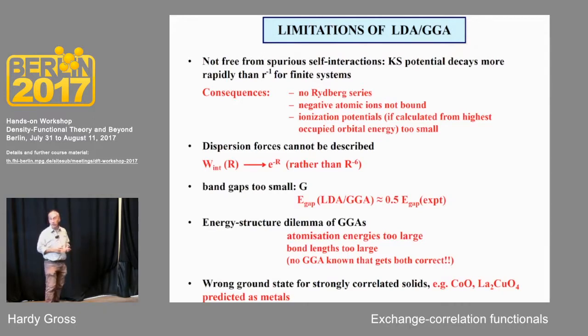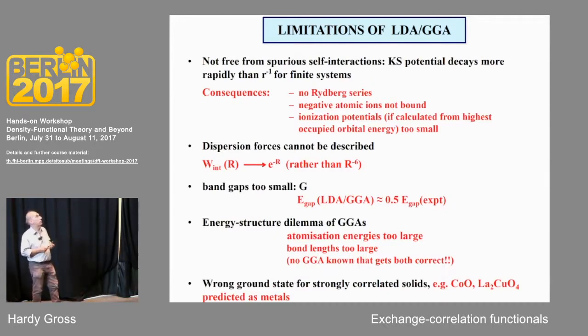That's another feature of the exact functional. For finite systems, it should decay like 1 over r. In LDA, GGA, it does not. And ionization potentials tend to be too small if you calculate them from the highest occupied orbital energy.